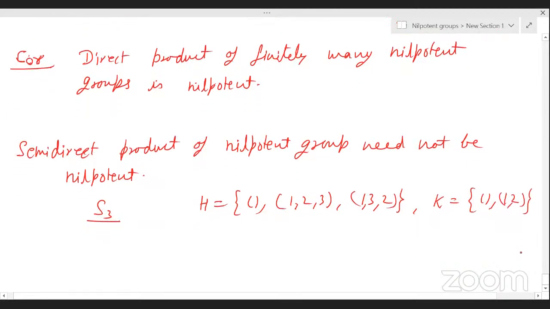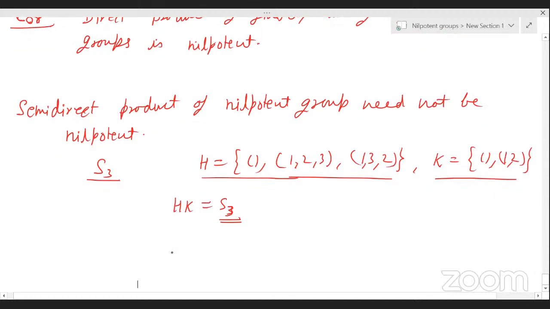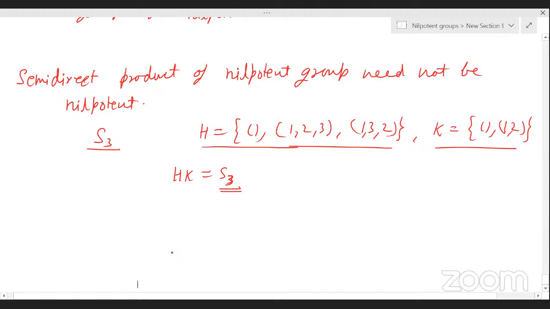Then H is normal, K is not normal, but HK is equal to S3. So S3 is a semi-direct product of H and K. H is abelian, so it is nilpotent. K is abelian, so it is also nilpotent. But their semi-direct product HK is not a nilpotent group. So a semi-direct product of nilpotent groups need not be nilpotent. Okay.